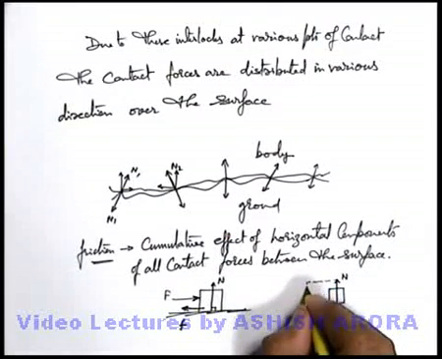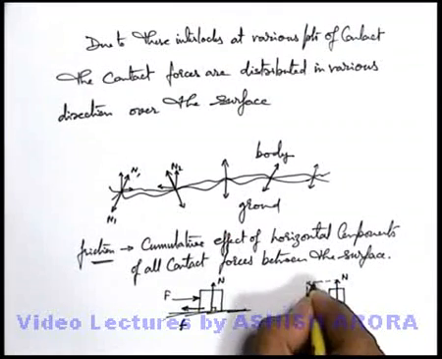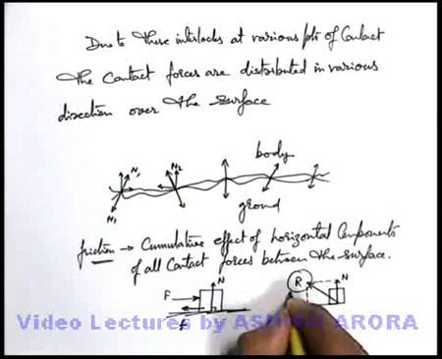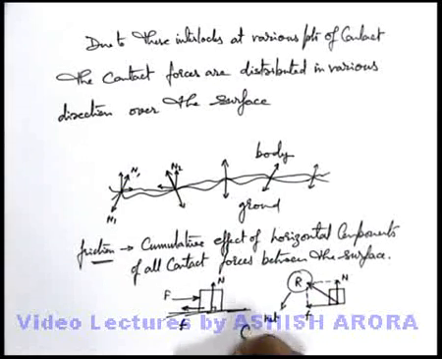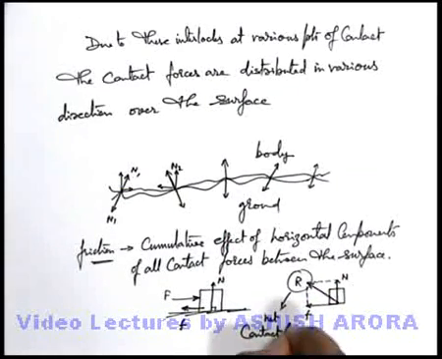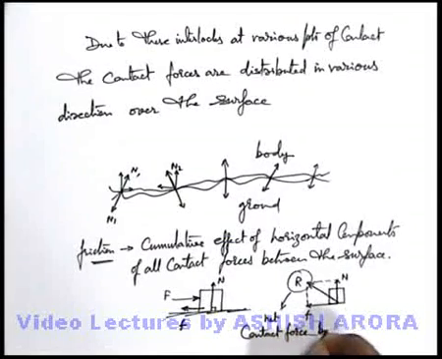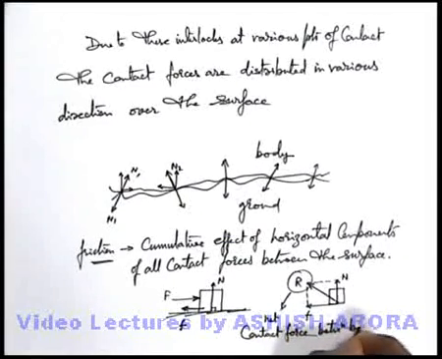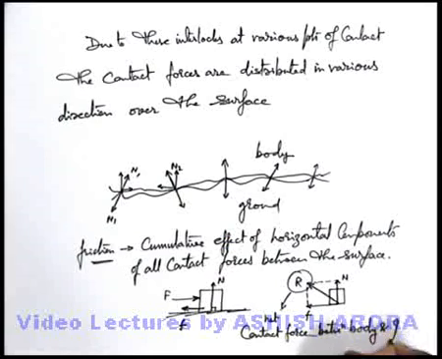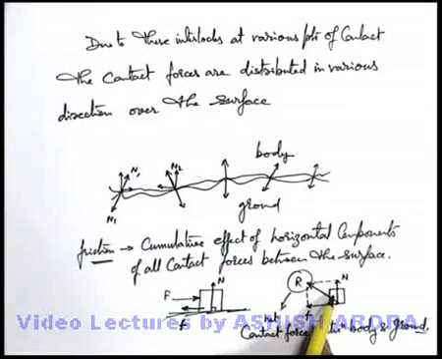So the resulting effect of this N and F, this R, we can call the net contact force between the body and the ground. So you can simply state the normal reaction is the normal component of the contact force and friction is the horizontal component of the contact force.